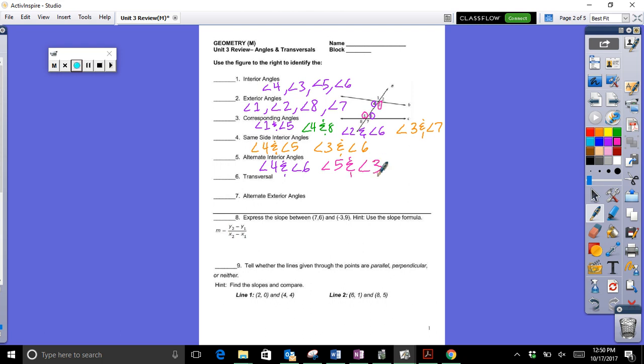The transversal is just the line that goes through both of the other two lines. So we could say that line A is the transversal.